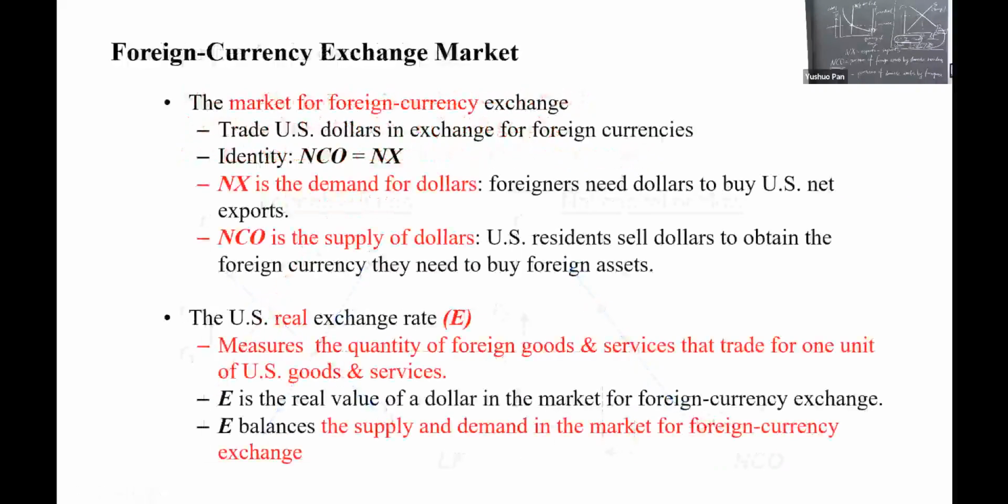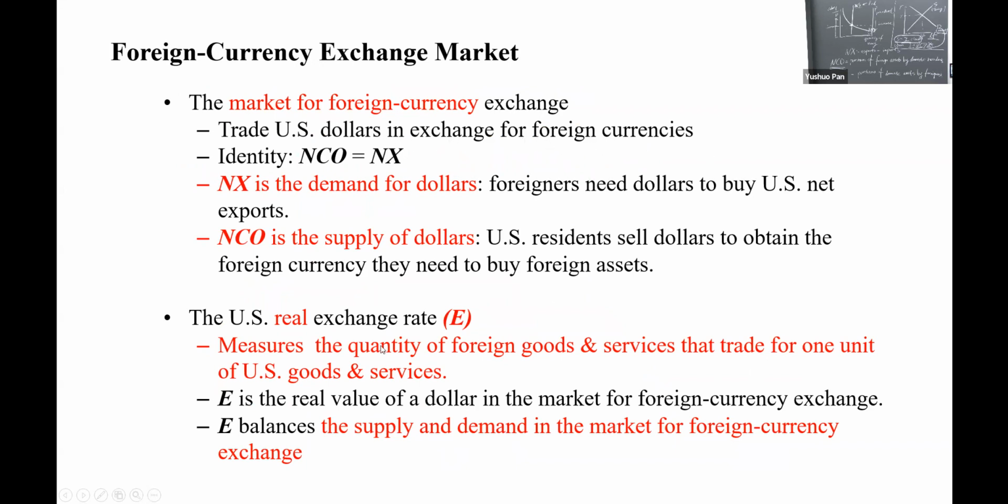The next market is the foreign currency exchange market. That's the new market we are going to learn today, and this is the most important market in this chapter. The market for foreign currency exchange trades US dollars in exchange for foreign currencies.